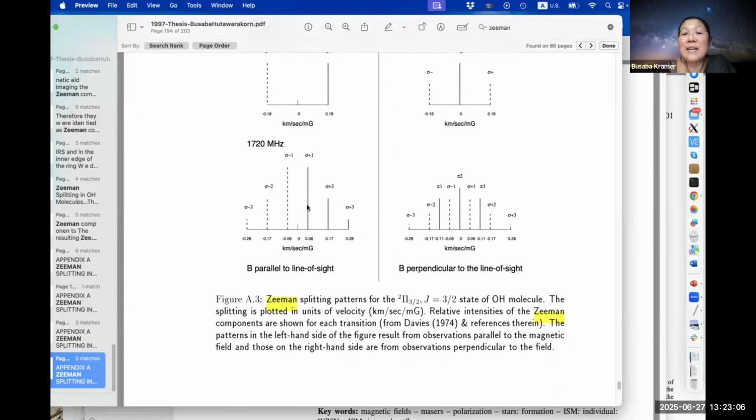You might mistakenly, for example, in 1720, see sigma +1 and sigma -2, and you assume this is a pair because somehow you don't see this one, which I think Malcolm can add to, because of amplification or because of other effects in maser theory. So you might calculate the wrong magnetic field.